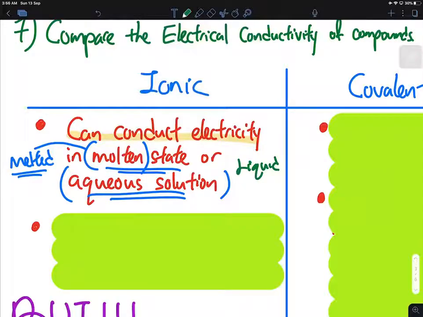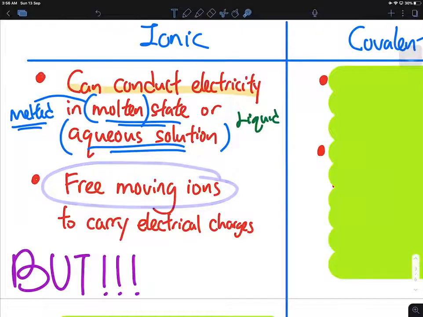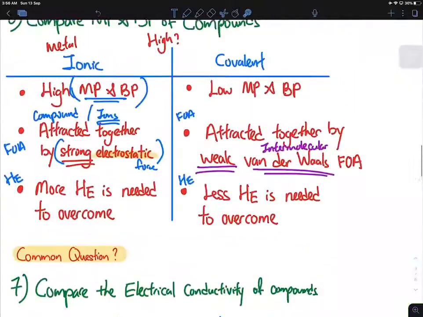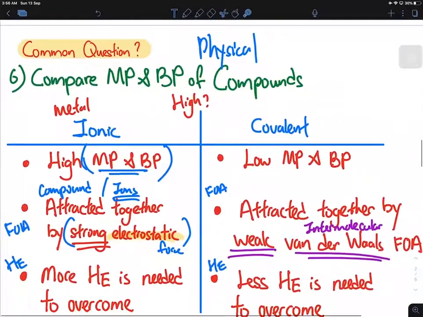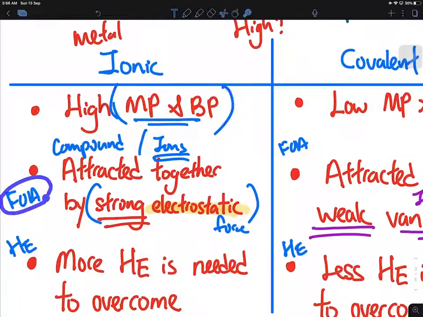Why can an ionic compound conduct electricity in liquid state? Because they have free moving ions to carry electrical charges. So please remember a new thing. When we explain melting and boiling point, we always remember to put force of attraction, heat energy to overcome.